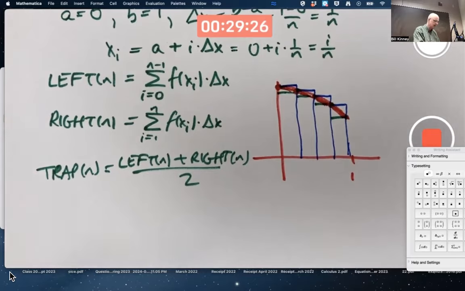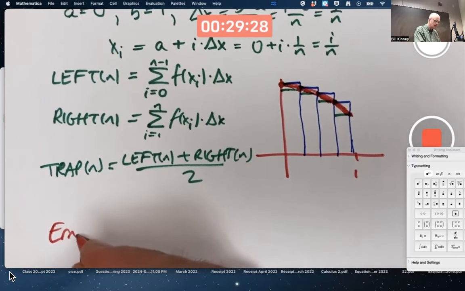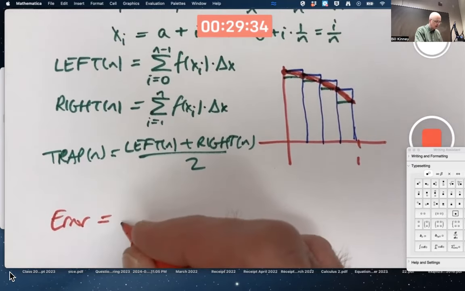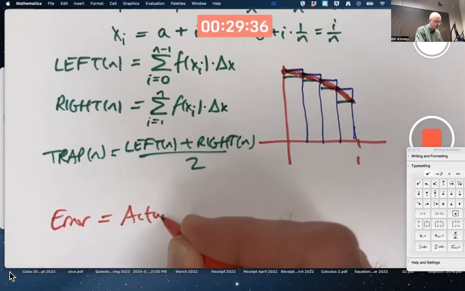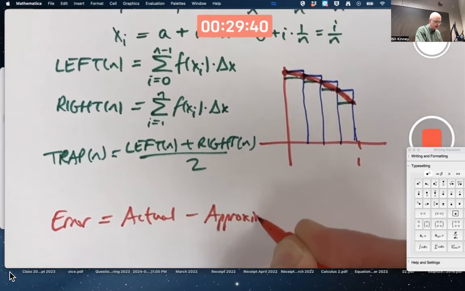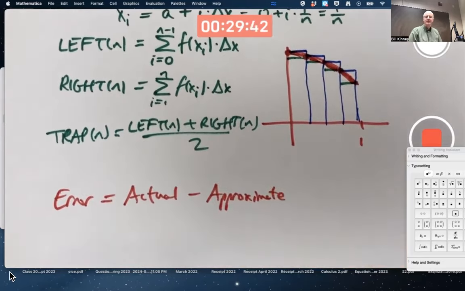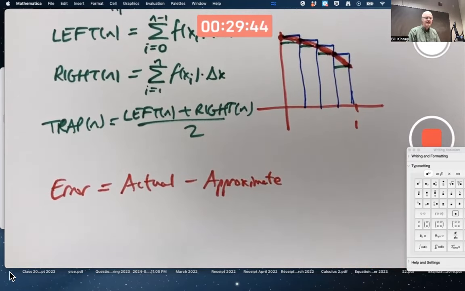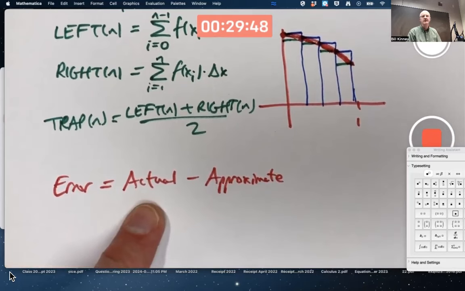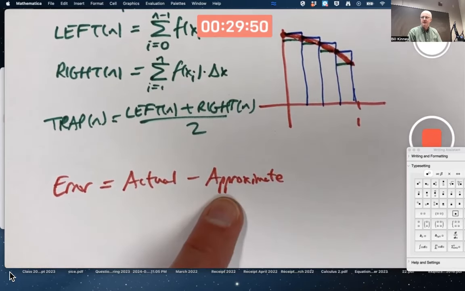compute the error of the approximation. And it always goes in alphabetical order here. It's the actual value of the integral minus the approximate value of the integral. The error in the approximation is the actual value of the integral minus the approximate value of the integral.